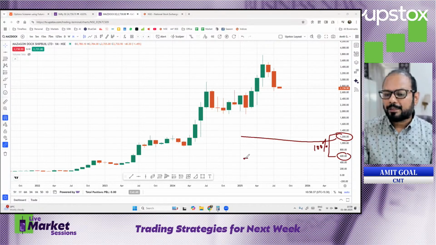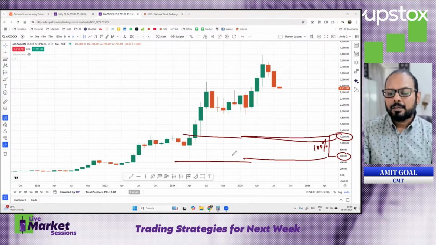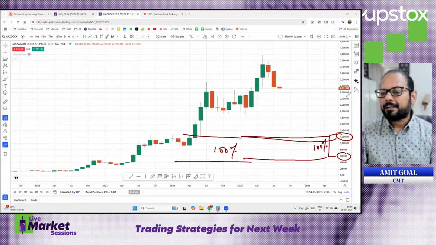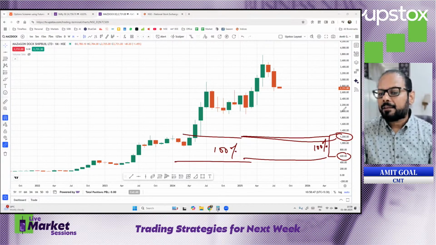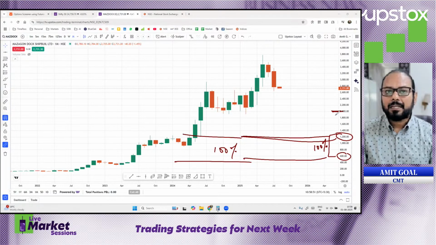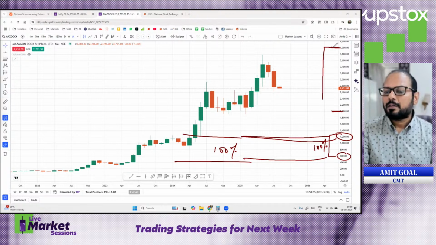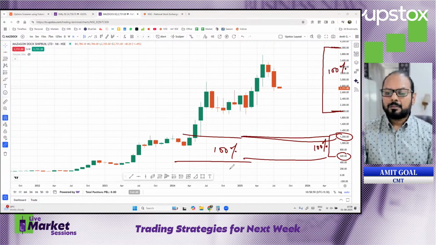So this movement, okay, typically this movement in the chart is a 100% move, right? Now from let's say from 2000, I want to make a 4000, another 100% move. 4000 is here. So this is also 100% move, right?